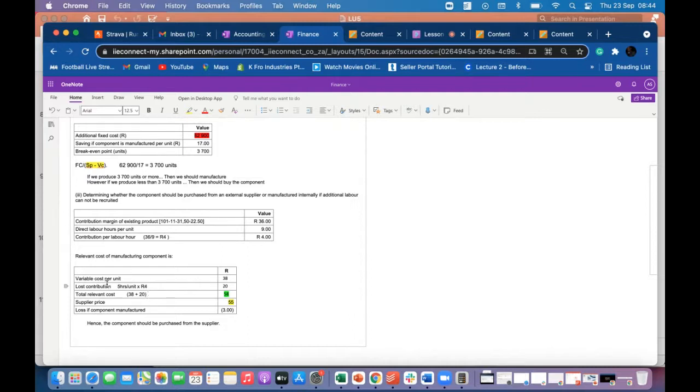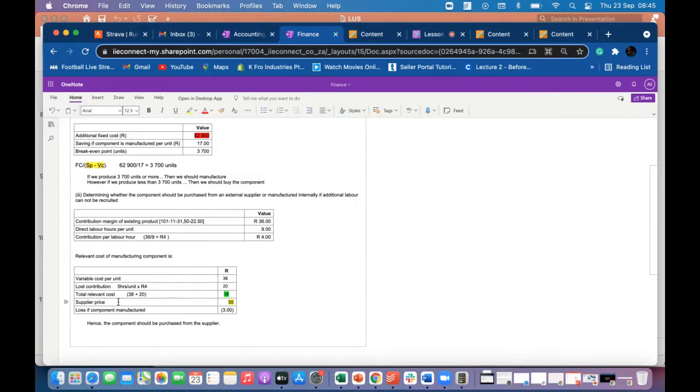It takes us 5 hours per unit. So 5 hours times the money we would be foregoing if we don't produce the product that sells at 101 Rand. Okay, so we're saying 4 Rand, the contribution or marginal income we'd be foregoing if we produce this component. 4 Rand times the 5 hours it takes to produce that component, that's where we're getting this 20.